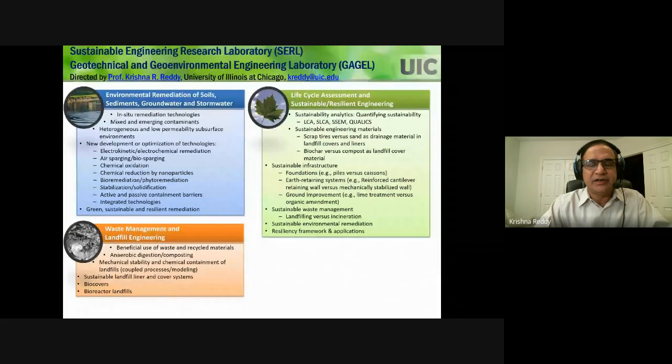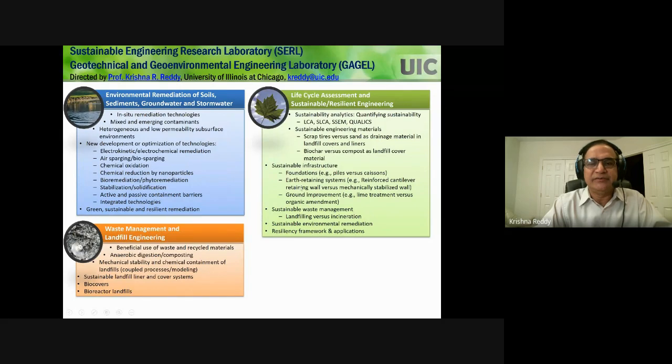For the last several years, I've been working on life cycle assessment and sustainable and resilient engineering. This is a very broad field. I also teach a graduate level class on sustainable engineering, and students from all engineering disciplines take this course. My focus is on developing sustainability analytics, quantifying sustainability.